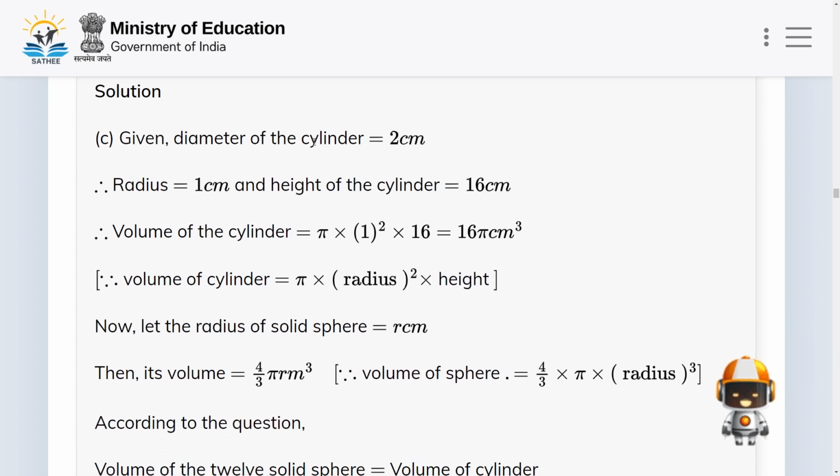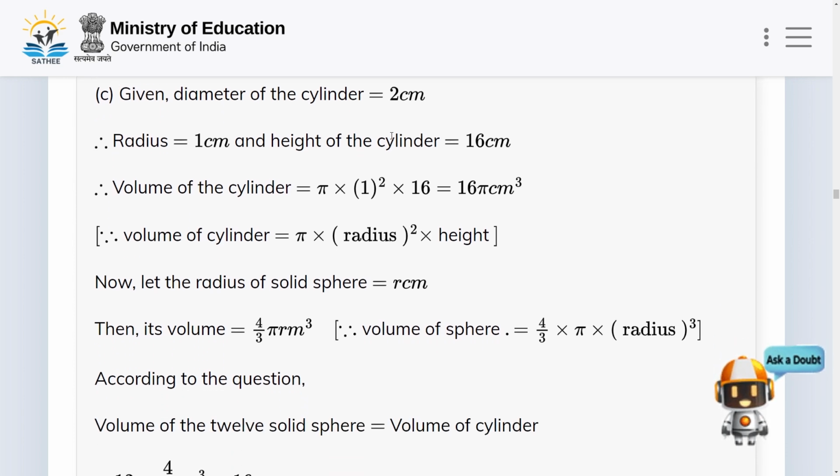Here the diameter of the cylinder is 2 cm, so the radius is equal to 1 centimeter, and the height of the cylinder is 16 centimeter. Therefore the volume of the cylinder is equal to pi times 1 square times 16, and this is equal to 16 pi centimeter cube, since volume of cylinder is equal to pi times radius square times height.